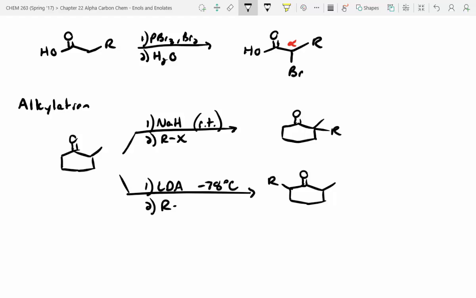What happens if it's not -78? Then you get a lot less regioselectivity. You might get alkylation at both positions. So by cooling it way down, you're going to favor alkylation at your less substituted carbon. If I want the less substituted one, I will indicate that it's very cold.